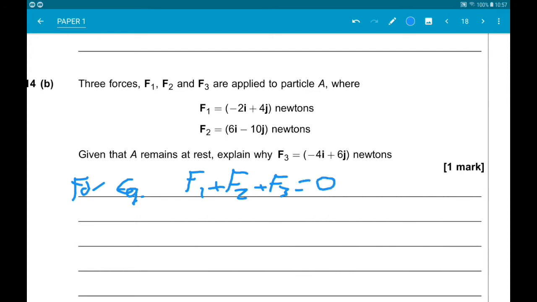Now, if we add F1 and F2 together, we are going to get 4i and then minus 6j. Add F3 is 0.